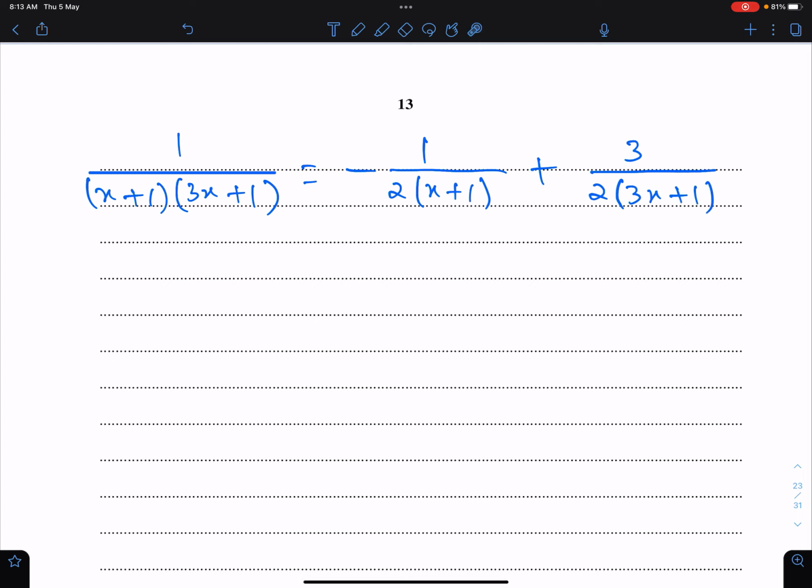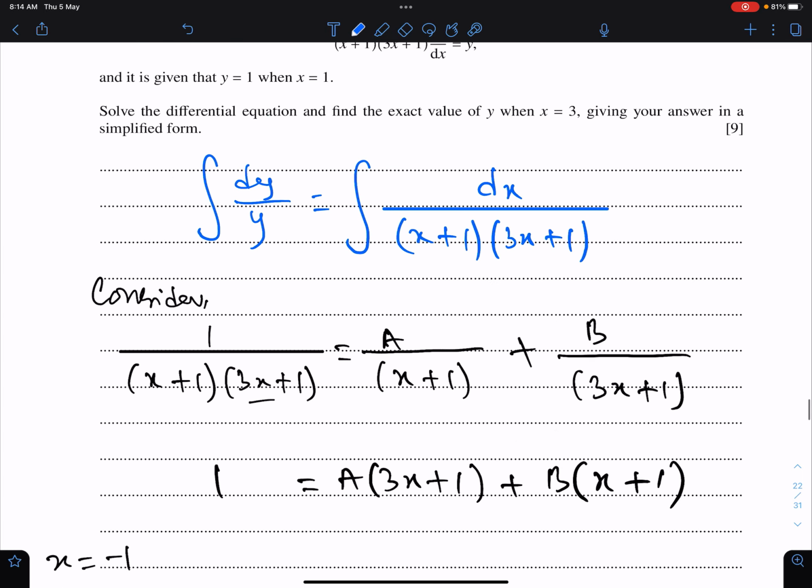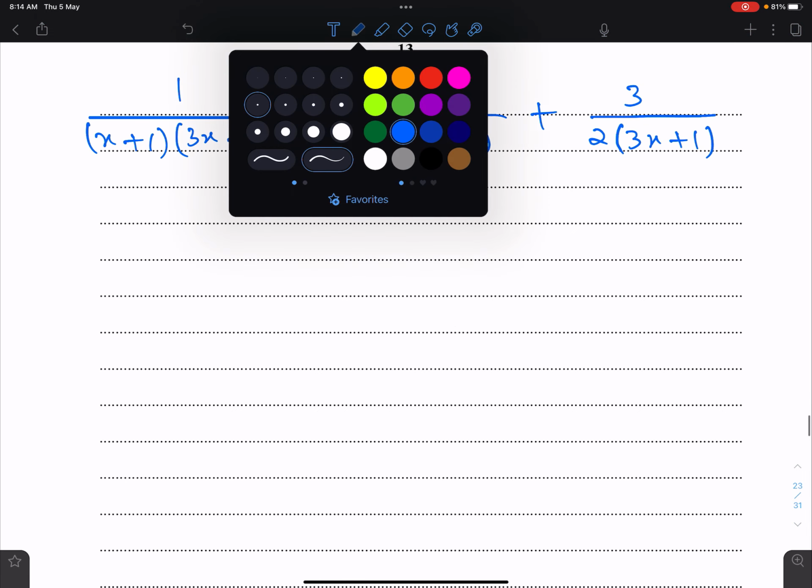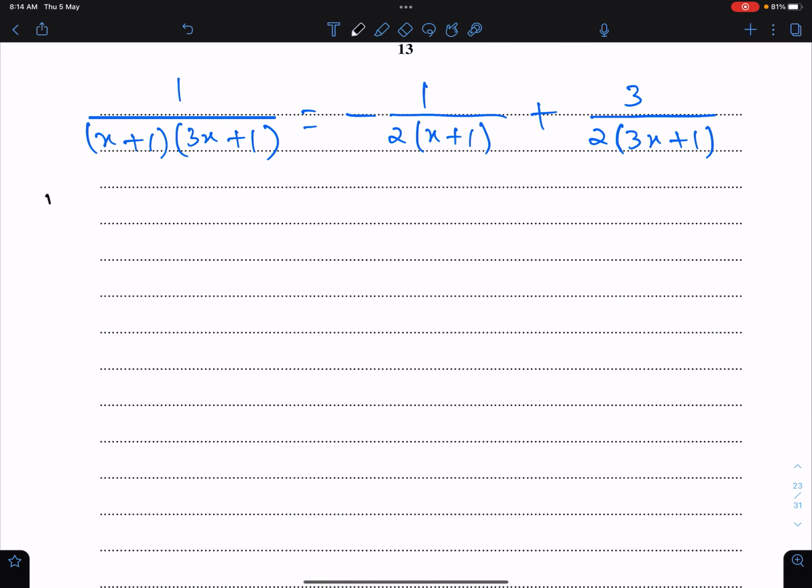Now we can integrate this fraction. So this is equation number 1. dy upon y, integral and this entire thing.